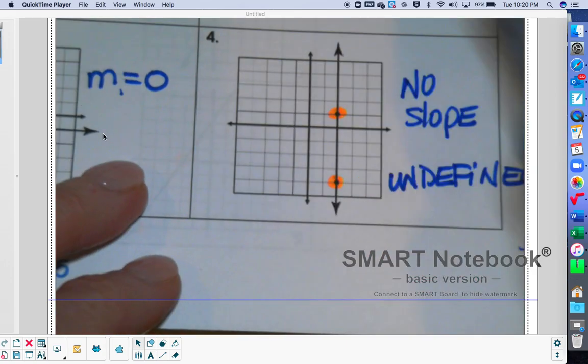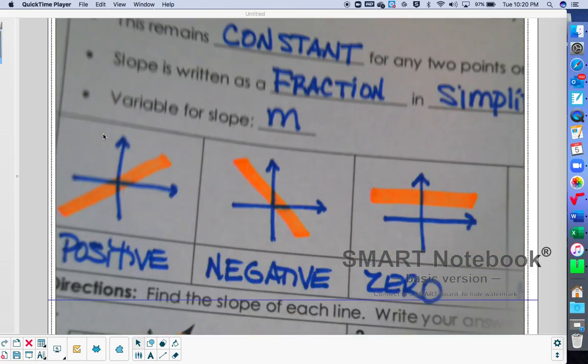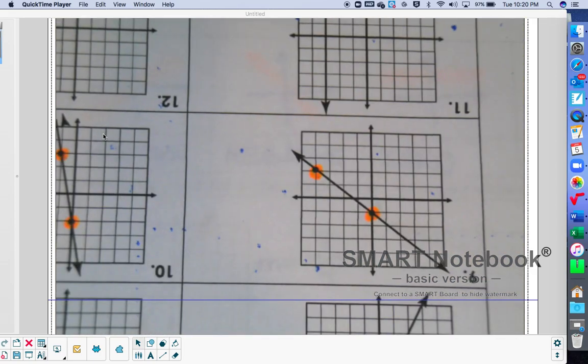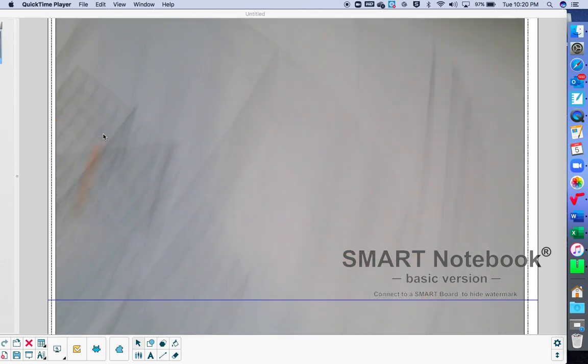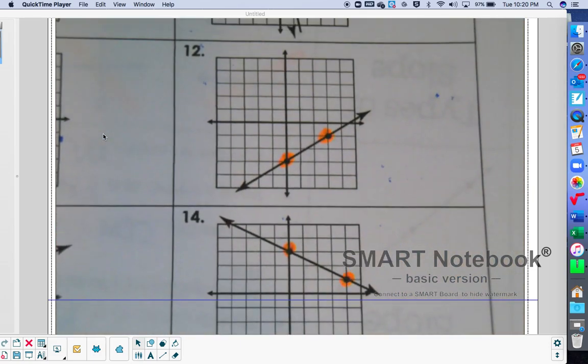So what I would like for you to do is look at the graphs on the next page and just simply determine the slope of each, just counting between the points. Should be fairly simple exercise. And I'll just do number 12 because it's on the screen, and then I will stop the video.